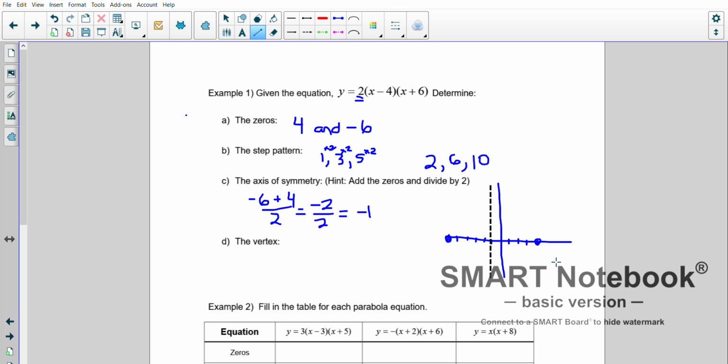So that's good. So I know my vertex is on here somewhere. I just don't know where. So to figure out that last piece, where's the vertex, I'm going to sub this value into my equation. So what is the value of y when x equals negative 1?